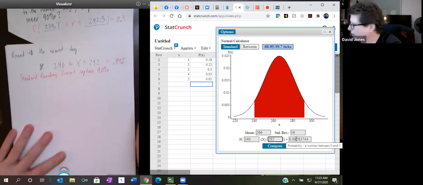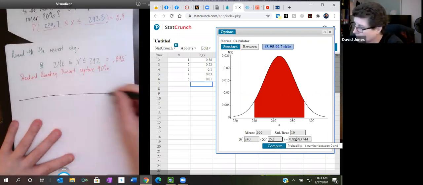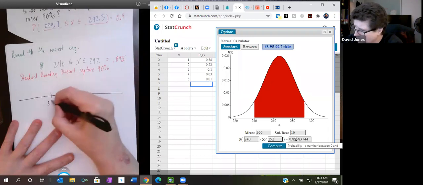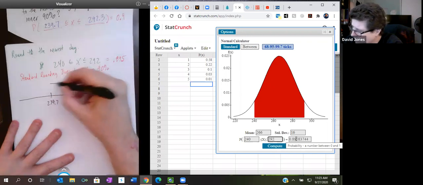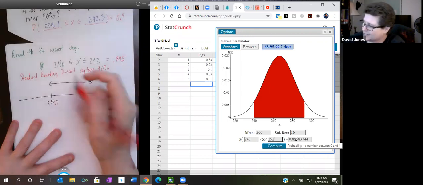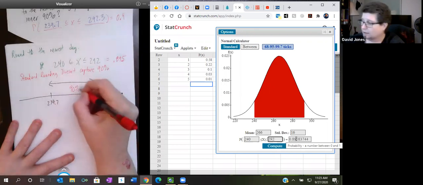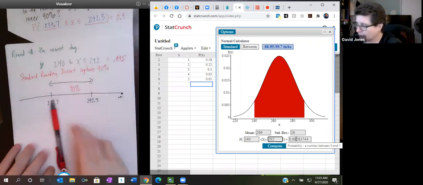So what you're going to want to do, let's just picture this on a number line. 239.7, 292.3. This region right here, I didn't draw the bell curve because I didn't give myself a lot of room for it. This is 90%. What I want to do is go outwards from it.